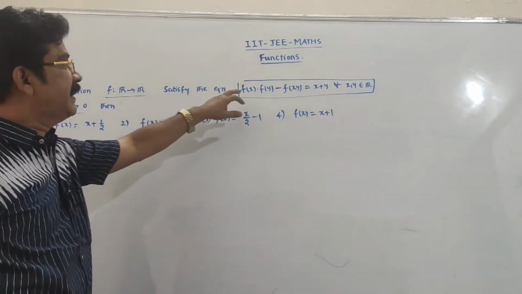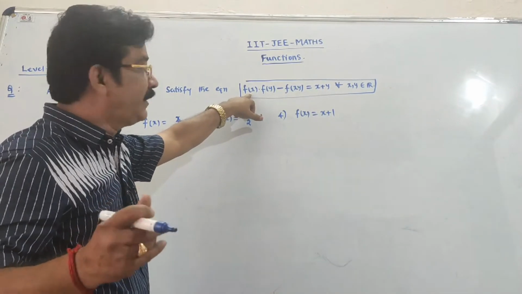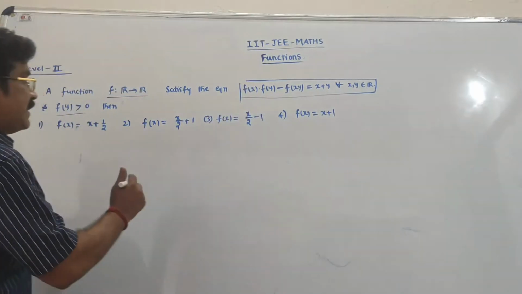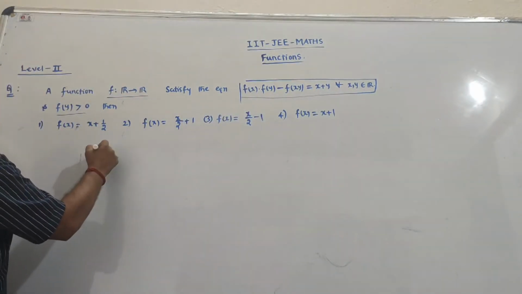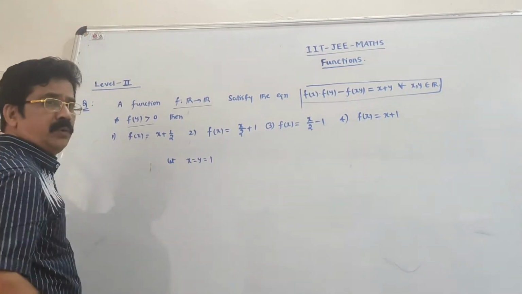Actually, in this case, we cannot find f(x) directly. That's why we are going through another method. Let us take one example. Let x equal y equal 1.